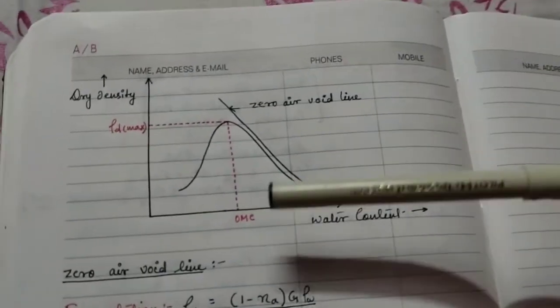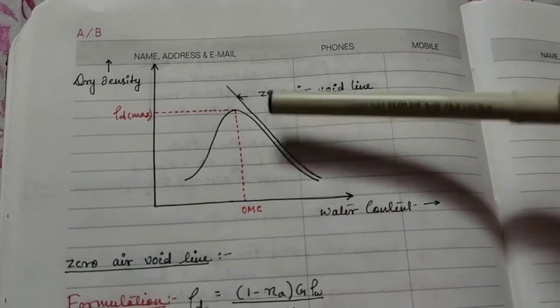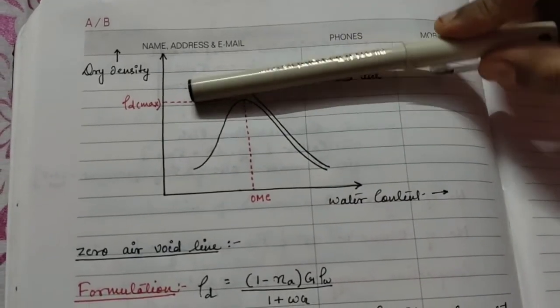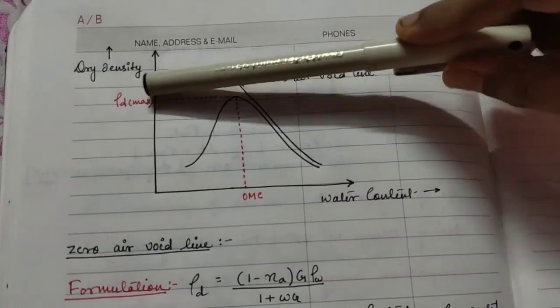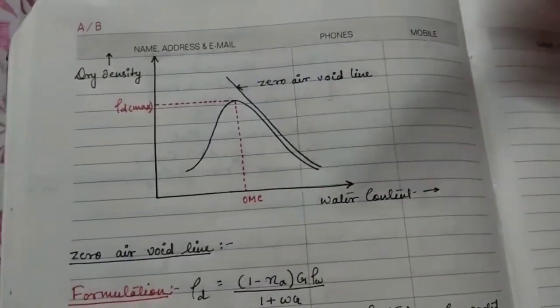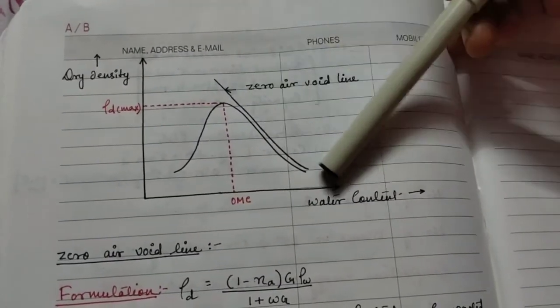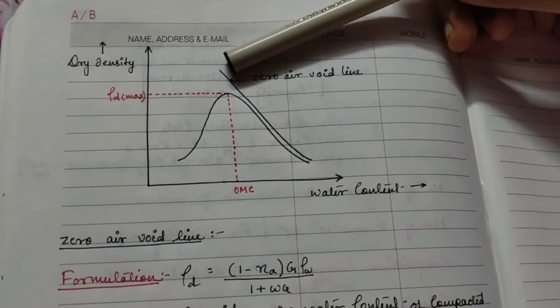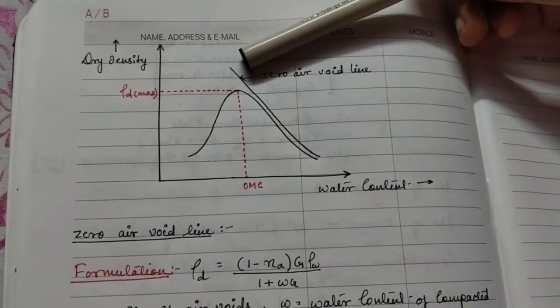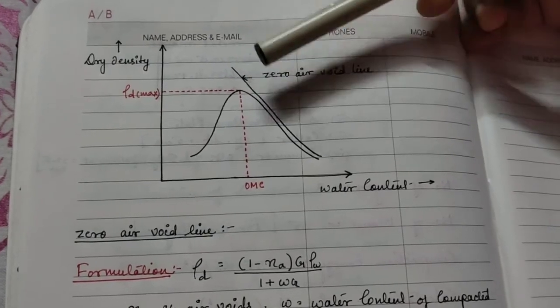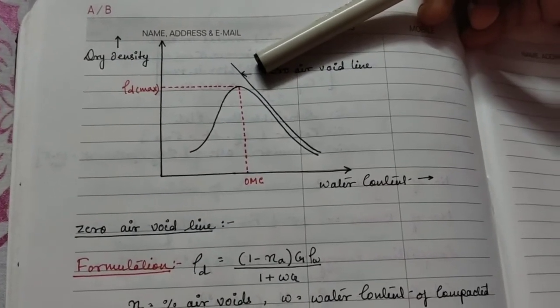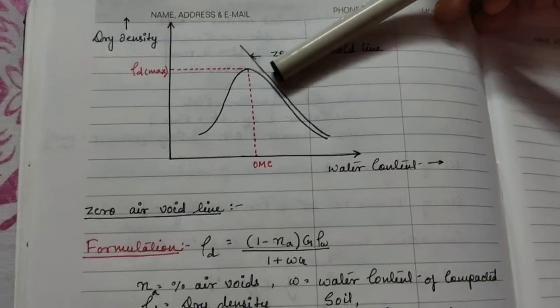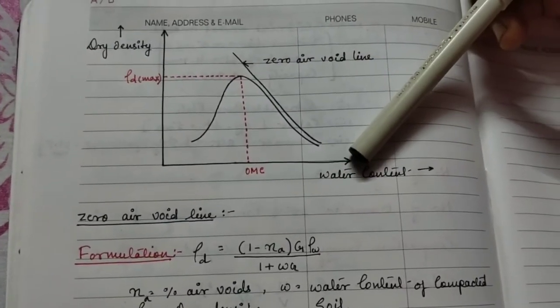We are getting the optimum moisture content, the maximum dry density of the soil, along with the zero air void line. So from the zero air void line, we can get either the percentage of air void or the degree of saturation which exists at different points on the curve.